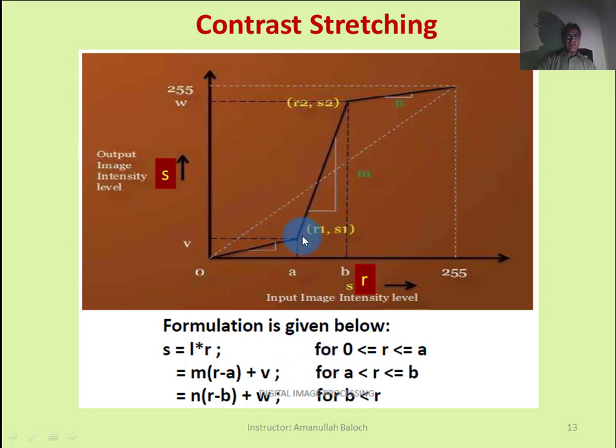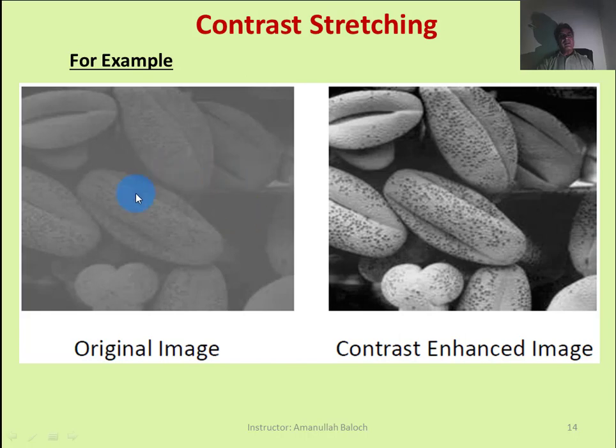This is the graph. We will understand it with the example of an image. This is the contrast stretching. Here, this is the original image, and we cannot study the seeds of this original image, that is, what kind of disease and how much disease has infected this seed.